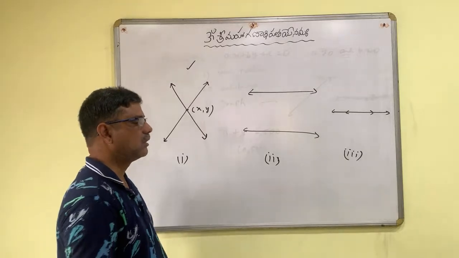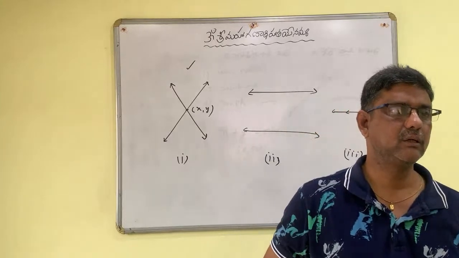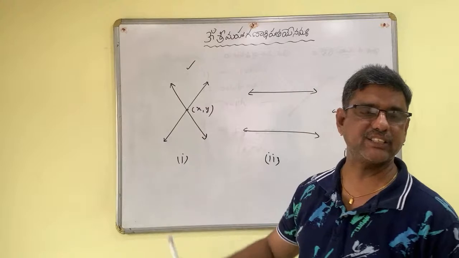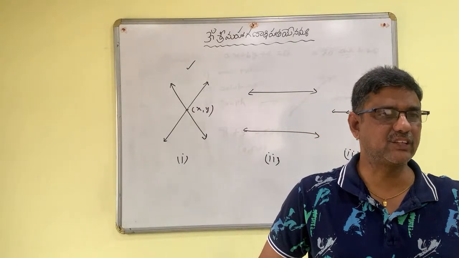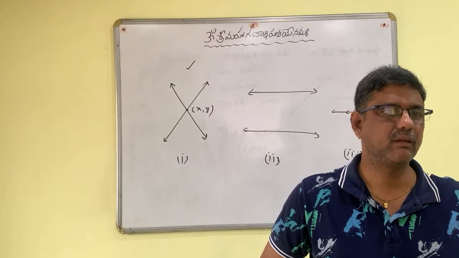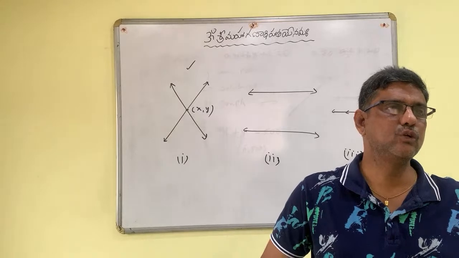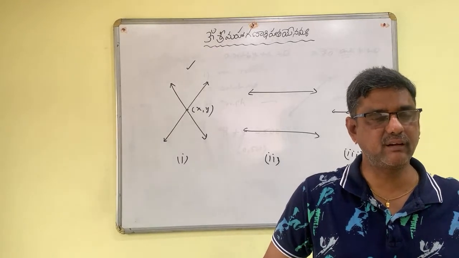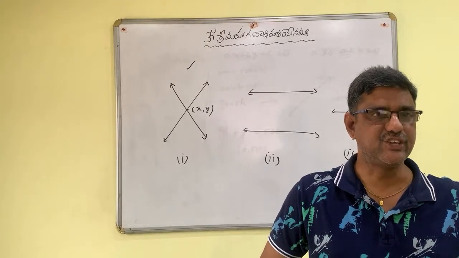So in this chapter, our aim is to find out the point of intersection. In this chapter, our aim is to find out the point of intersection when two straight lines are intersecting each other.